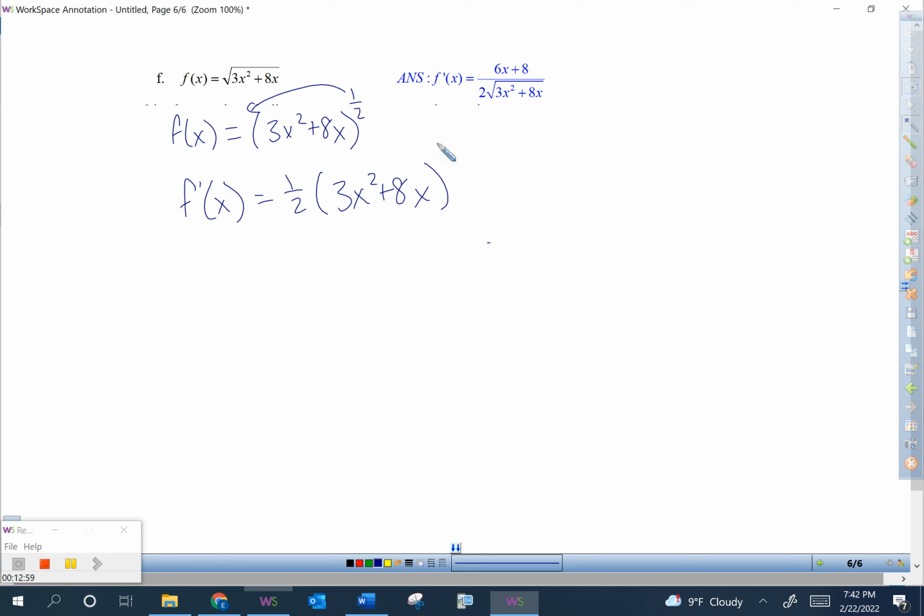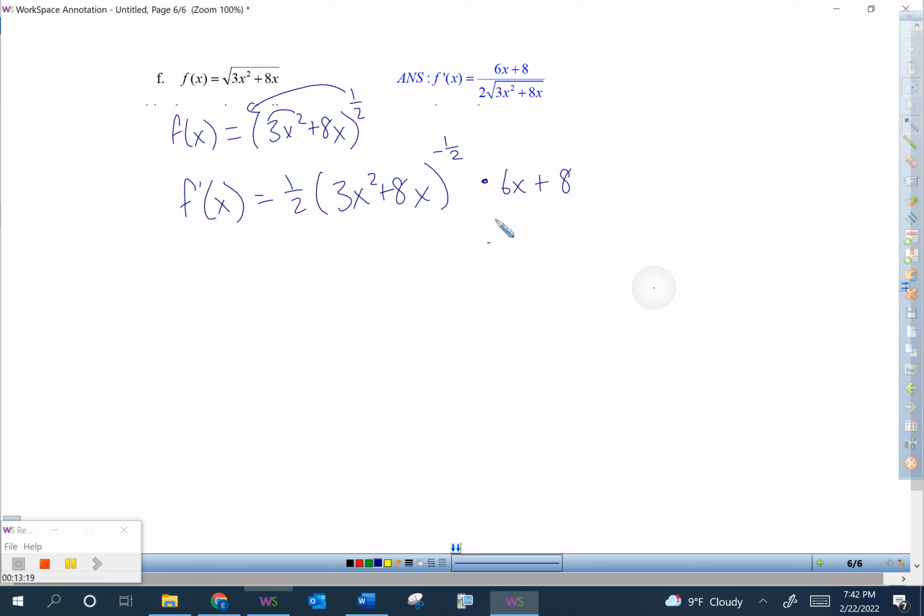Reducing this by 1 is a negative 1/2, but because there was more than just x there, we have to also multiply by the derivative of the inside using the chain rule. So 2 times 3 is 6x to the power of 1, and then plus this 8x derivative is just 8.